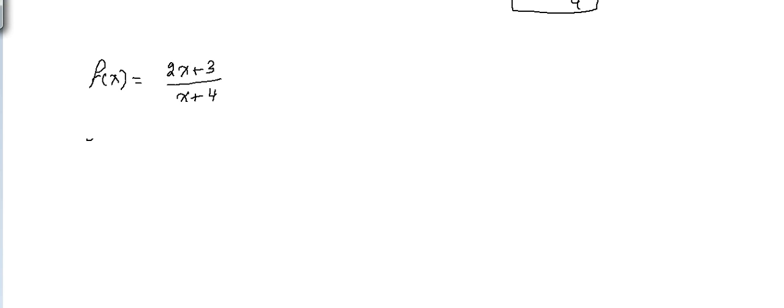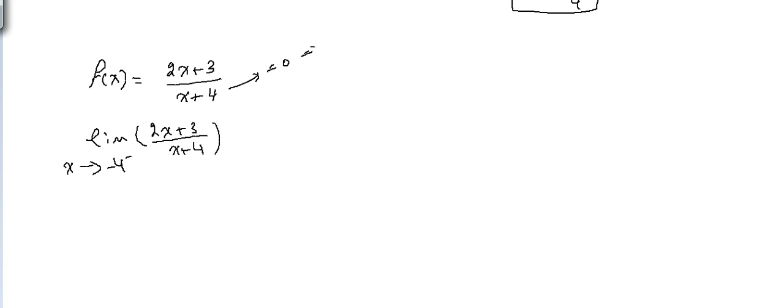If we find the limit of this f of x when x approaches negative 4 from below, note that when x plus 4 equals 0, x equals minus 4, and we shouldn't have zero in the denominator. So we should have a vertical asymptote here.